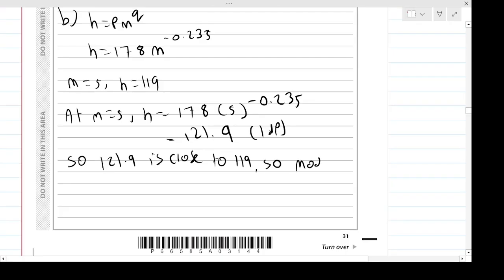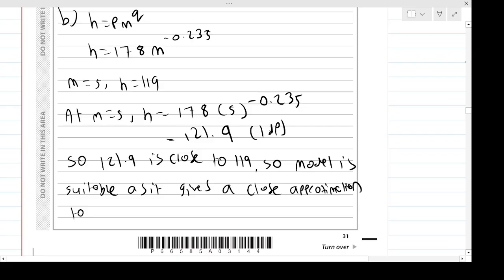So the model is suitable as it gives a close approximation to resting heart rate when mass is 5 kilograms, right?